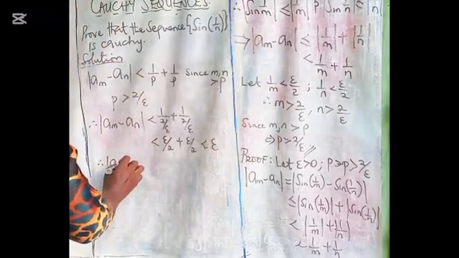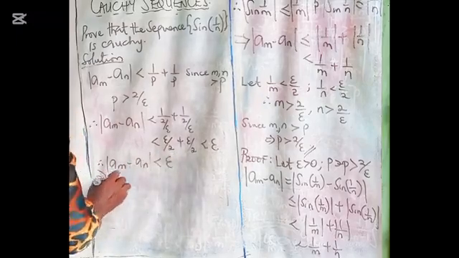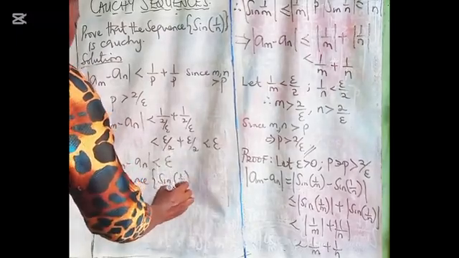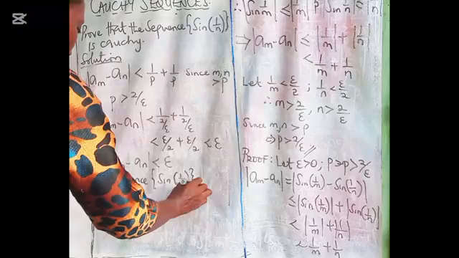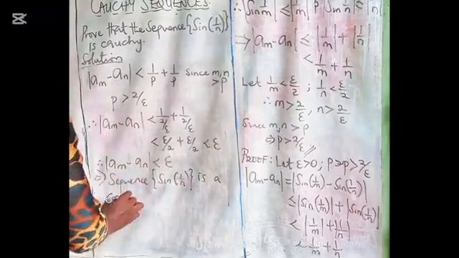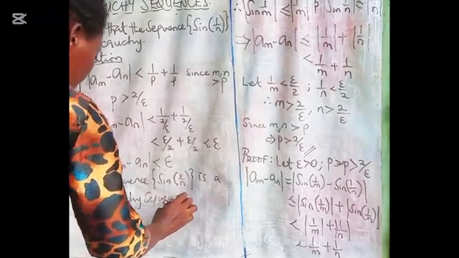Therefore, a sub m minus a sub n is less than epsilon, which implies that the sequence sine 1 over n is a Cauchy sequence.